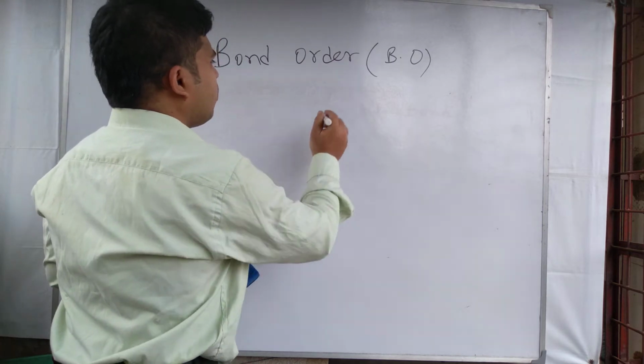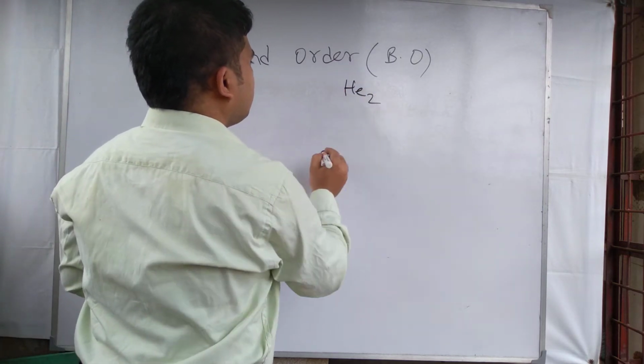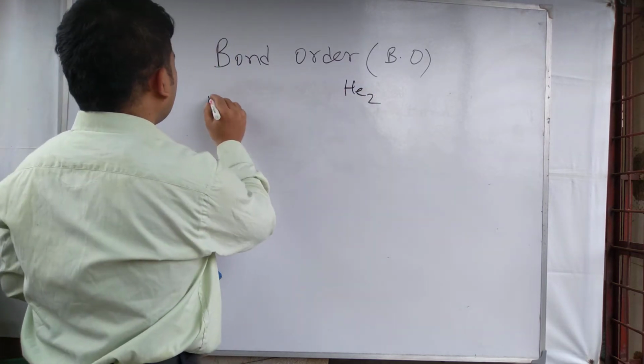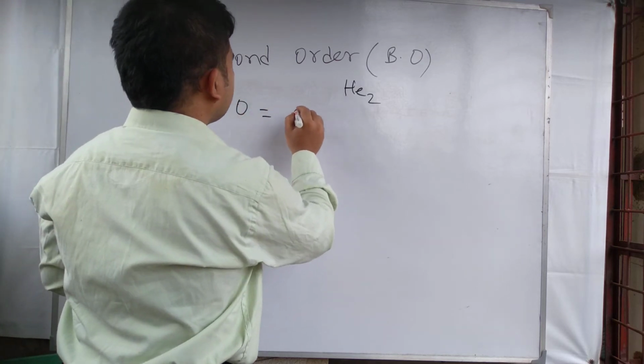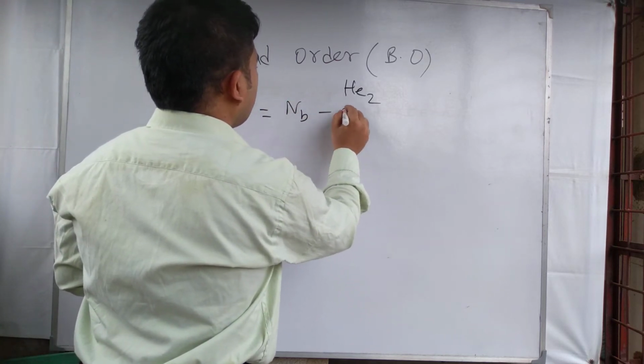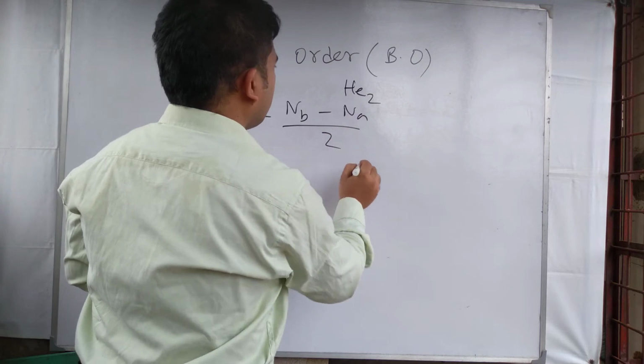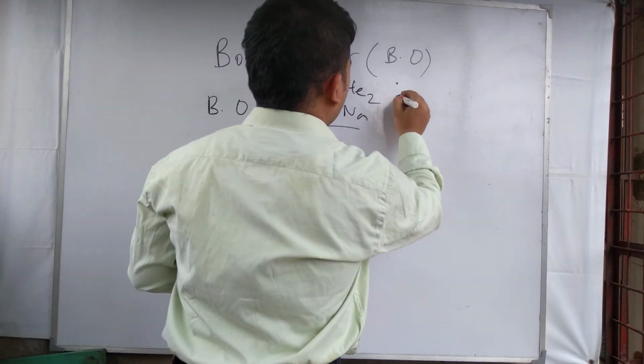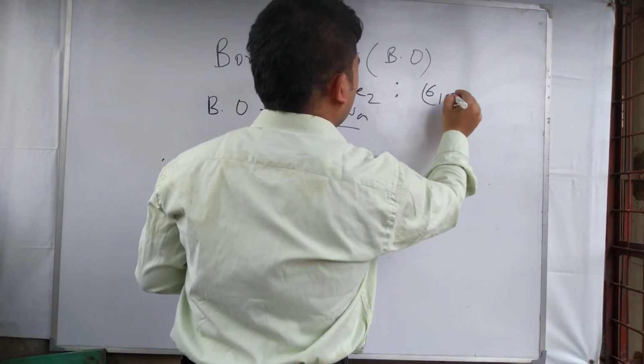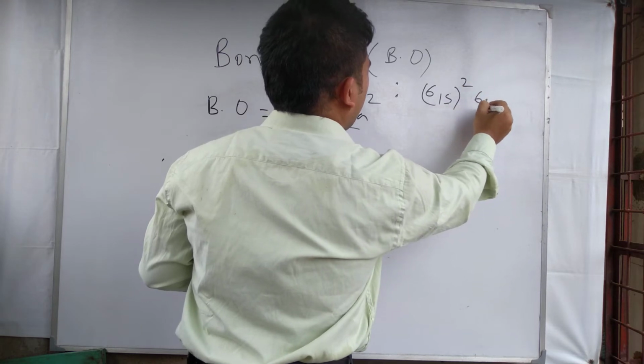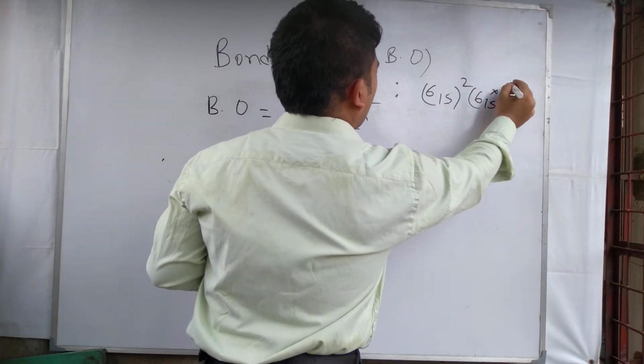If we want to calculate the bond order of the He2 molecule, the bond order is (Nb minus Na) by 2. The He2 molecule has the electronic configuration sigma 1s2 and sigma star 1s2.